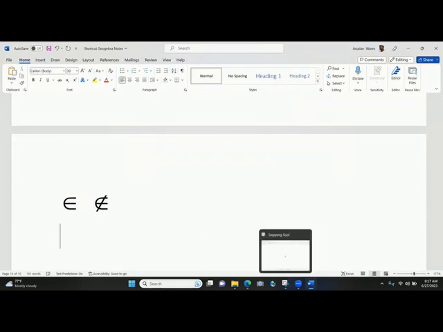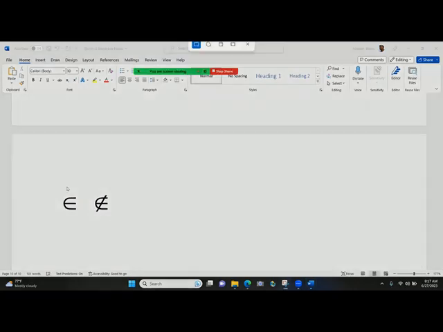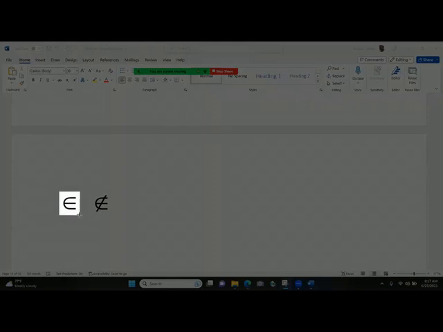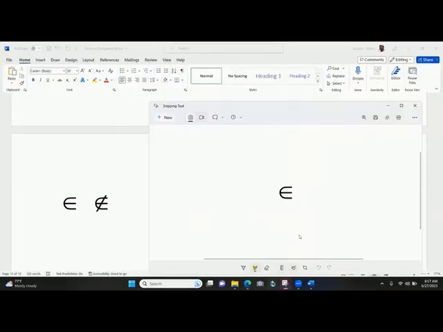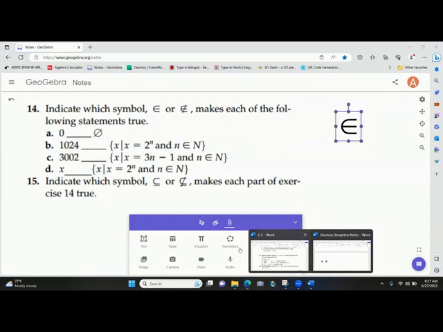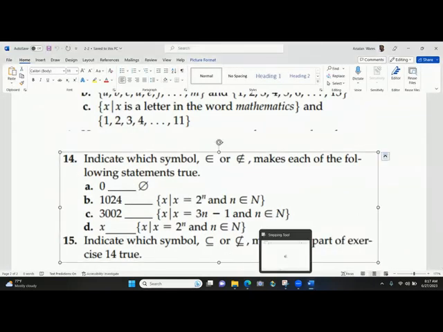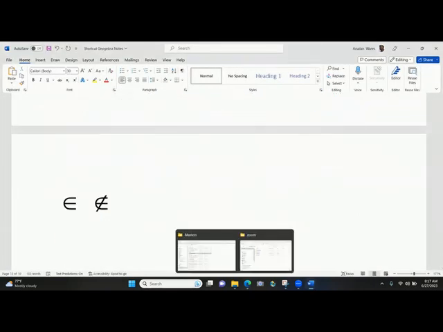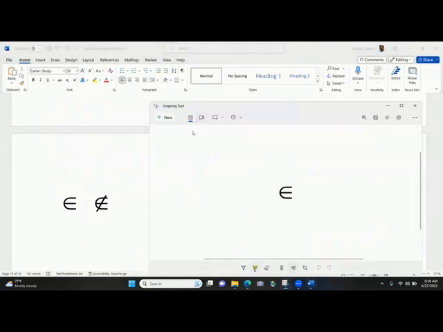Let's take these two little pictures and bring them here. I know it's a little too big, and that's okay. If it's too big, we can make it smaller.